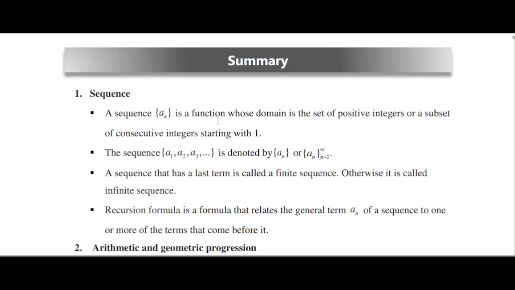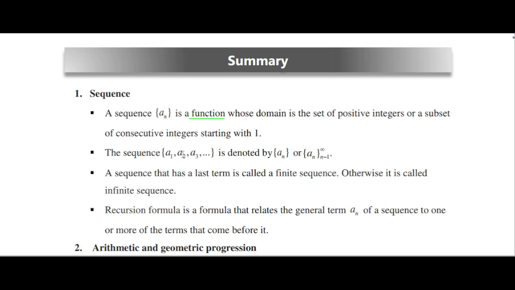Now let's go to the summary part. Sequence: a_n is a function. A sequence by itself is a function whose domain is the set of positive integers or a subset of consecutive integers starting from 1.